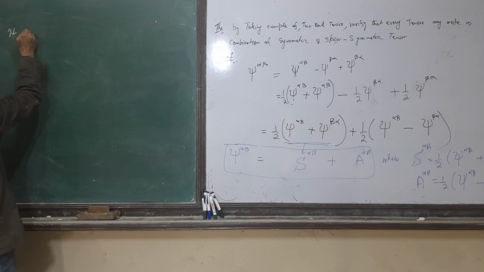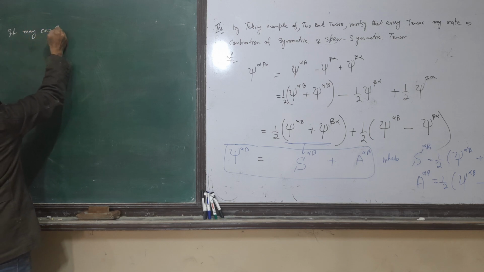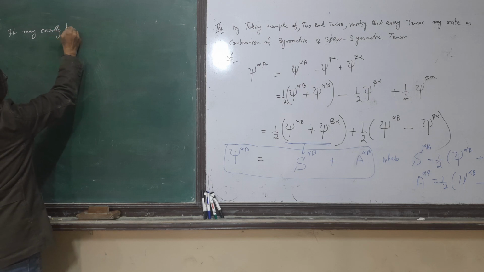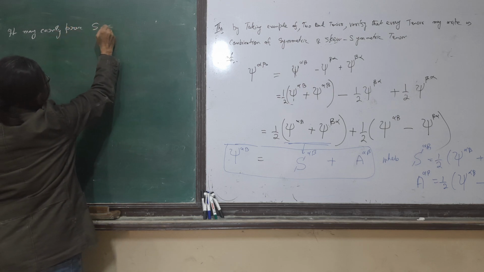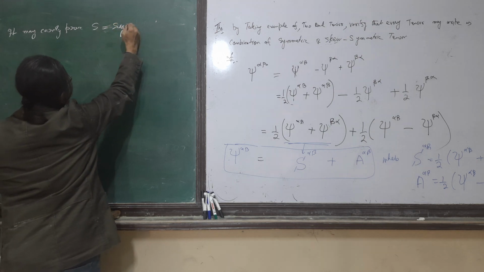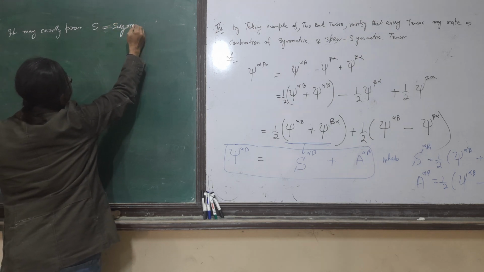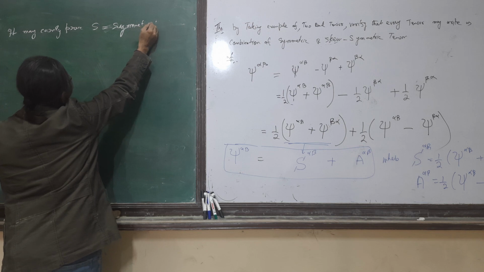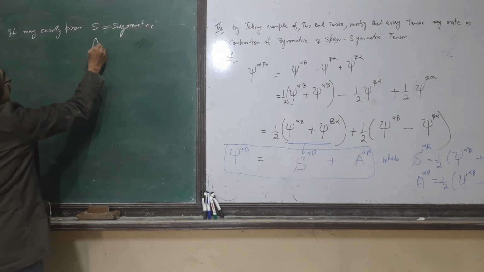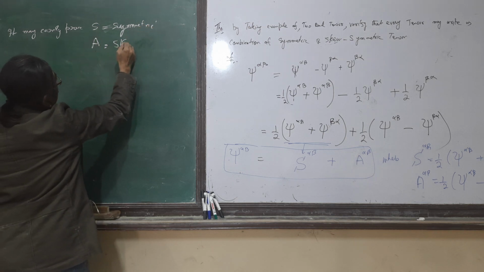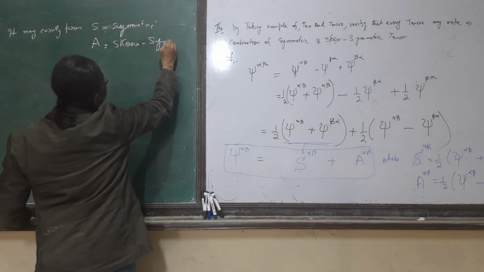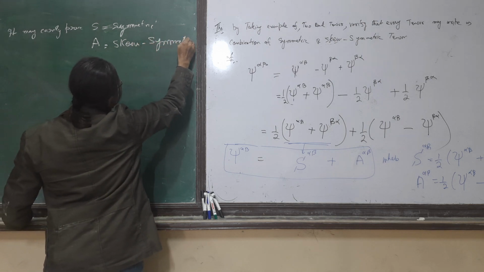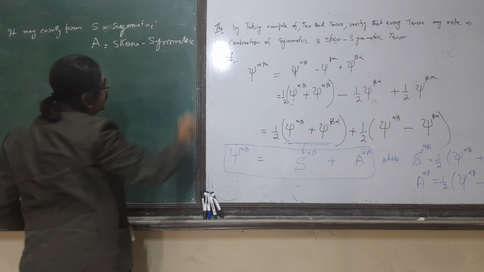It may easily prove S is symmetric and A is skew-symmetric. Now we have to verify this.